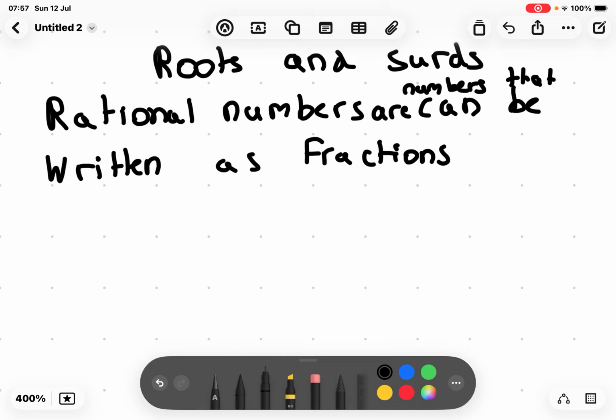For example, basically, how can I explain to you? Any kind of number, literally like 99%, can be written as fractions.